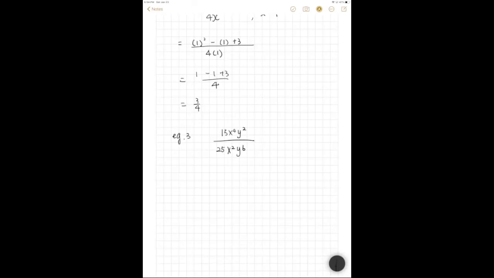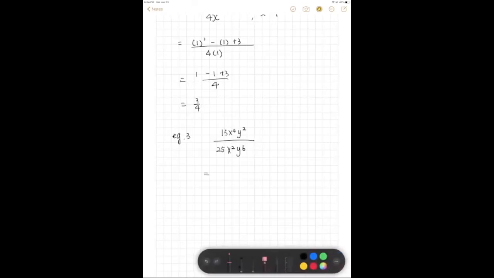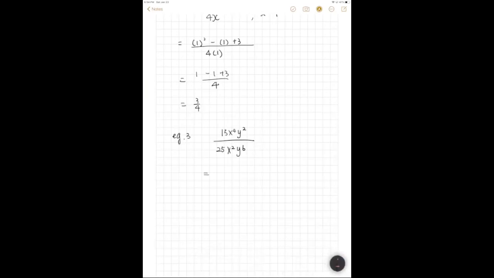So let's take a look. 15 and 25, what's the greatest common factor? It would be 5, right? So for the numbers, we can divide by 5 for both the denominator and numerator. So 15 divided by 5, I have 3. 25 divided by 5, I have 5.